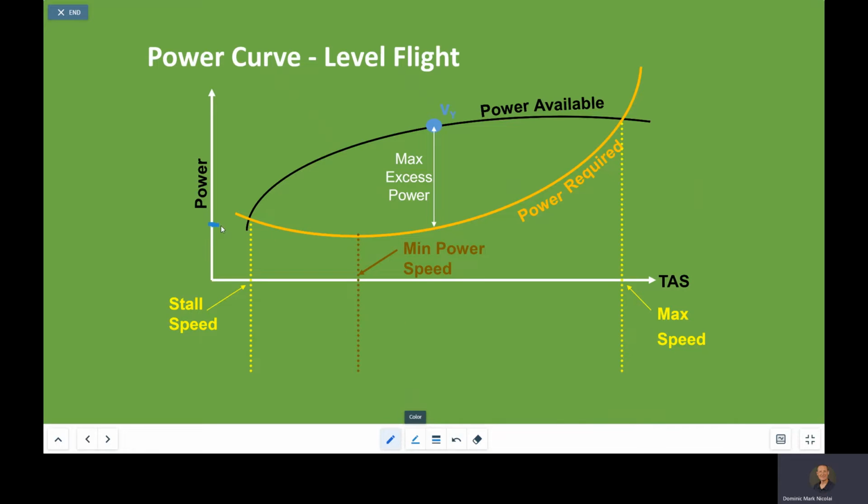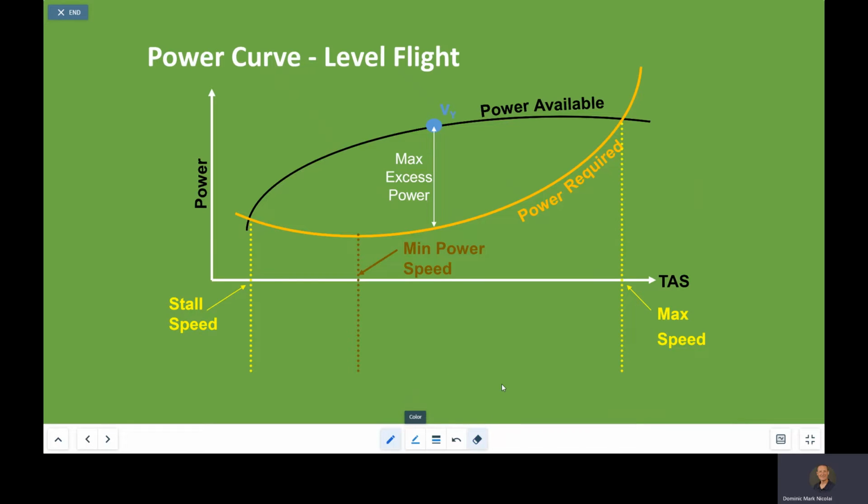So one power setting here could result in this slow speed, or it could result in this faster speed. But minimum power speed, there's only one power location for this speed. You set this power setting, you're only going to get this speed.